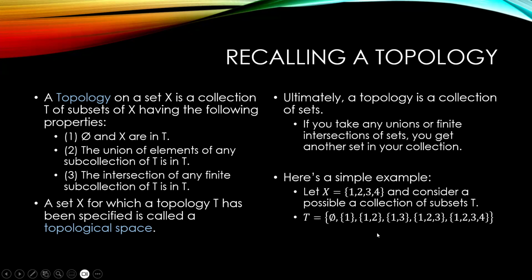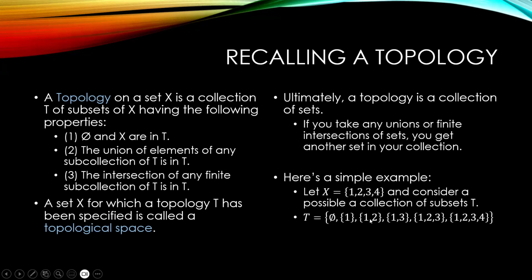And here's an example. If you've got set X, which has 1, 2, 3, 4, then we could create a topology which looks like this. We have the empty set and the whole set. We've got {1}, {1, 2}, {1, 3}, and {1, 2, 3}. If we take the union of any of these elements, we're going to get another element of this set.